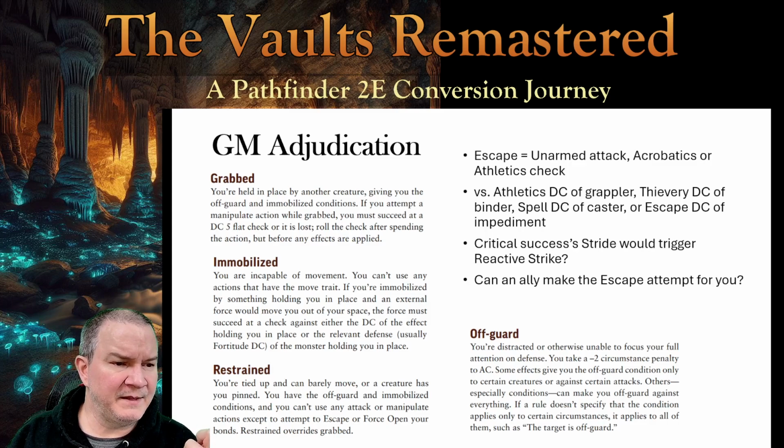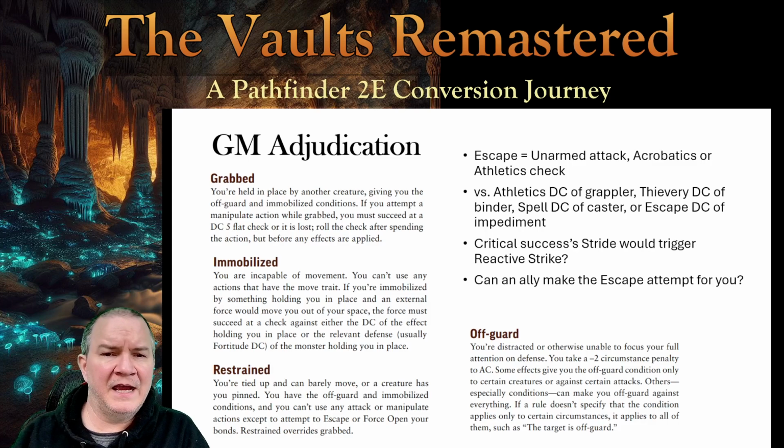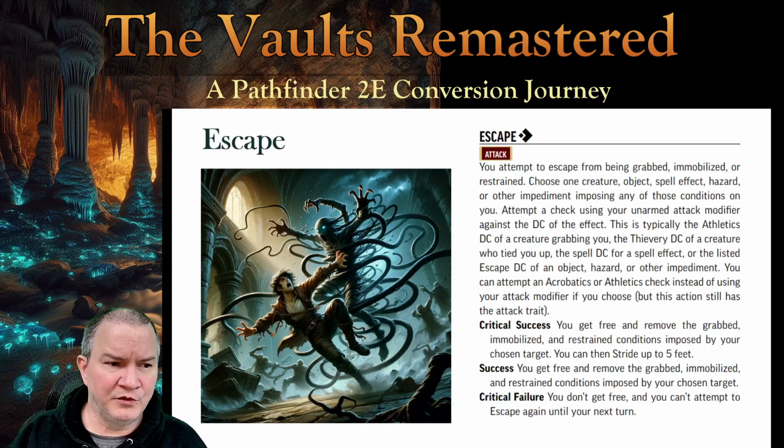If you attempt a manipulate action while you're grabbed, you have to make a DC 5 flat check to even do that. So manipulate might be, I'm trying to grab a potion to drink it. That's manipulate. I believe it has that manipulate trait. And you'll know because anything that is a manipulate will say it in that reddish, brownish color right underneath that little box there, right underneath the word escape.